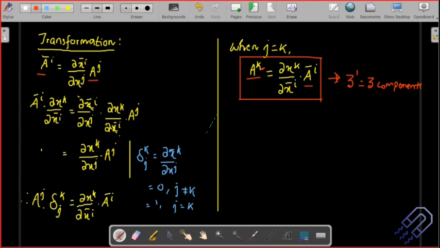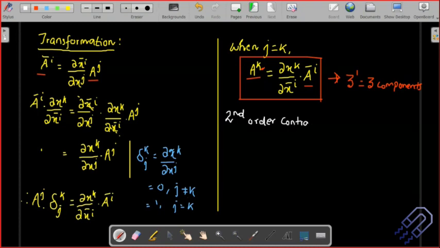Let's just talk about second order contravariant tensors. Since we have talked about the first order, now the second order contravariant tensor. What happens here?